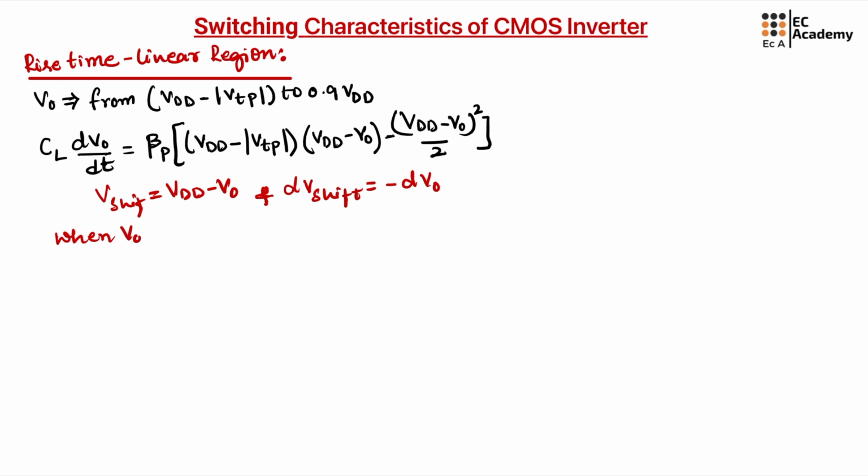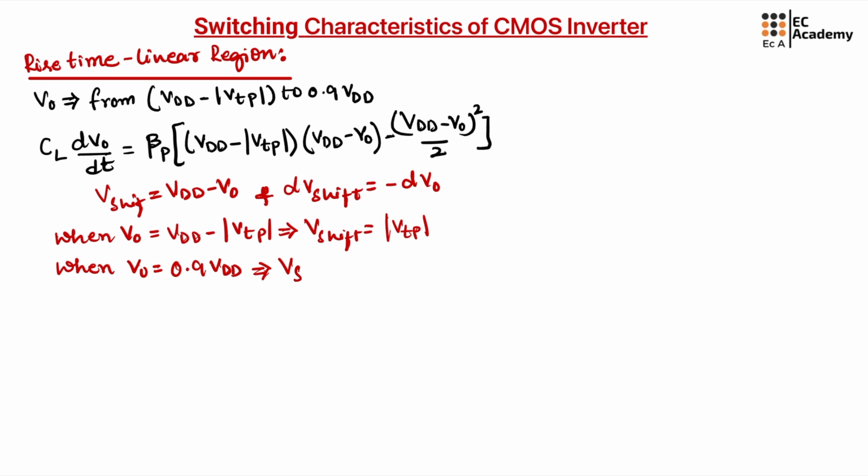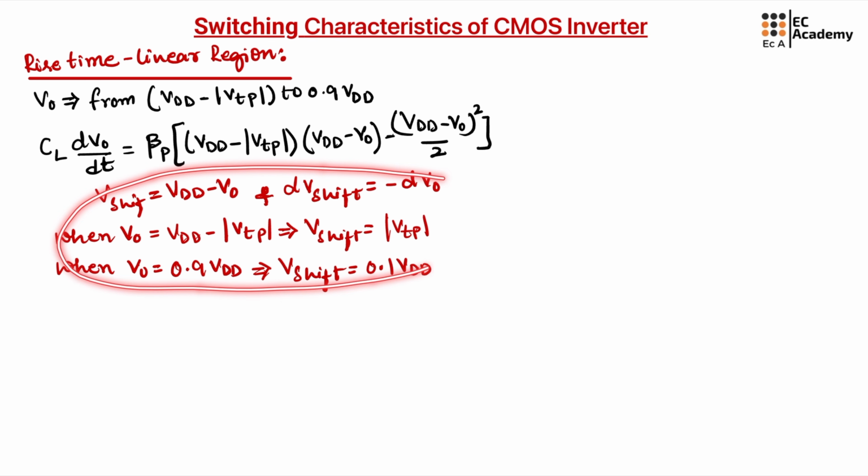When V0 is equal to VDD minus absolute value of VTP, at that case V shift will be equal to absolute value of VTP, and when V0 is equal to 0.9 VDD, at that case V shift will be equal to 0.1 VDD. So we have done all this to simplify the integration mathematics.